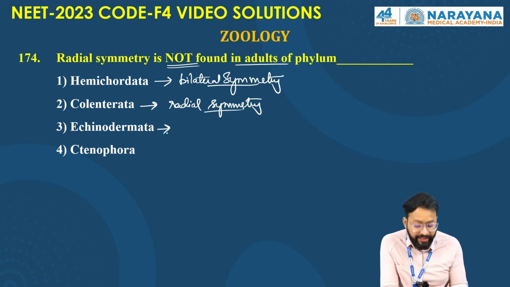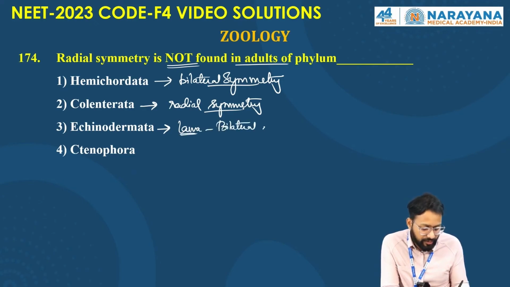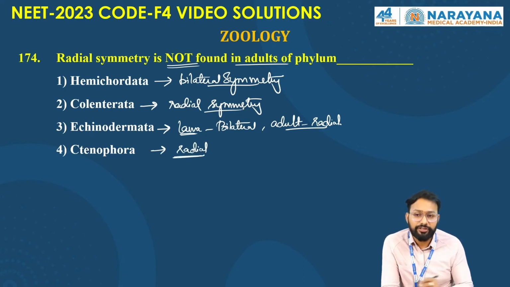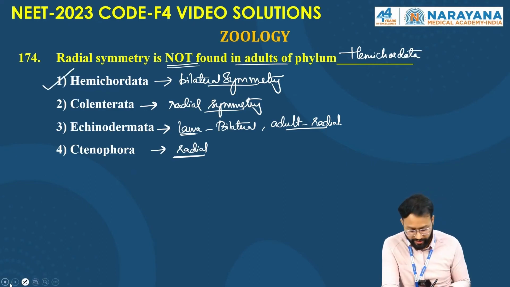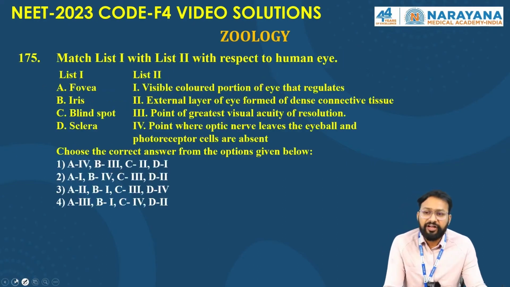When we talk about echinodermata, larva has bilateral, adult has radial. Ctenophora, radial symmetry. So the correct option should be hemichordata. Option 1.